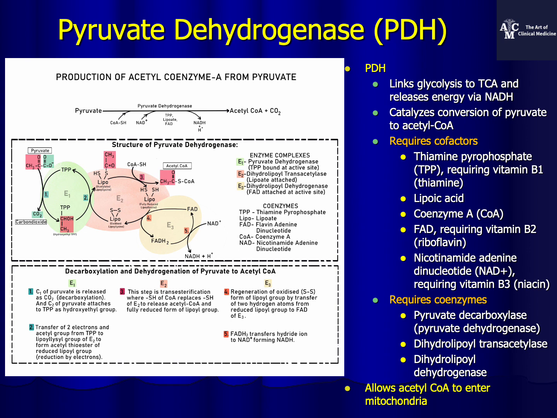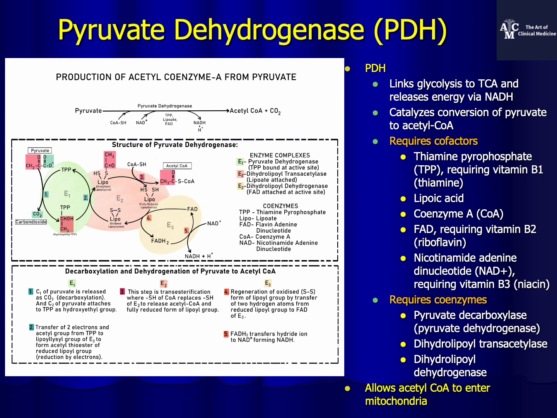The first step, in E1, is where the pyruvate is released as CO2, and this attaches to thiamine pyrophosphate, one of the cofactors that's required. As the name implies, thiamine is required for this. One of the areas where we'll see this problem is in thiamine deficiency, where people are not able to do this process very well, and hence have fatigue and not enough energy.